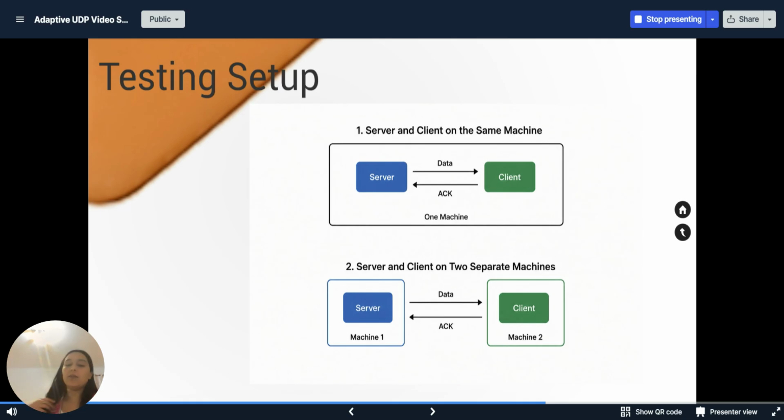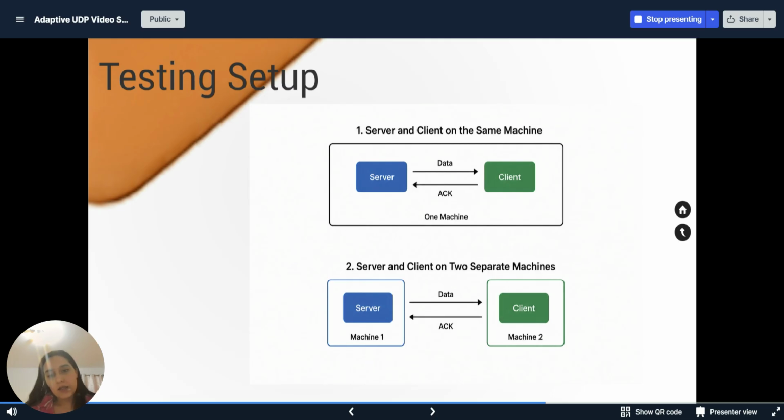So for the testing setup, we had two tests in our lab. One of them was on one machine, so we have better coordination and time synchronization, and it allowed us to have the GPU on both sides, the server and the client.